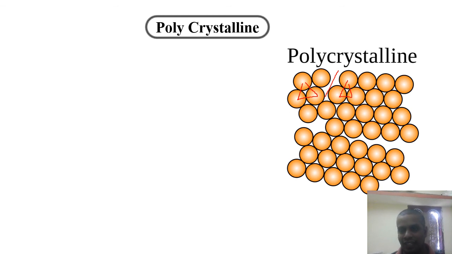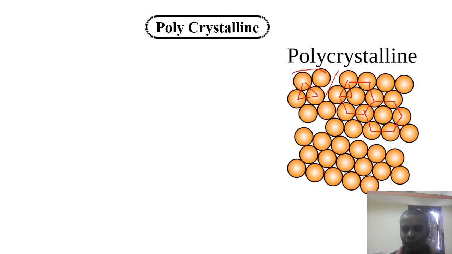You can even categorize this group of atoms as a hexagonal structure also. See here, here it is hexagonal, here it is triangle. Even if you repeat this group of atoms, it belongs to the hexagonal structure. This group of atoms belongs to the triangle structure.